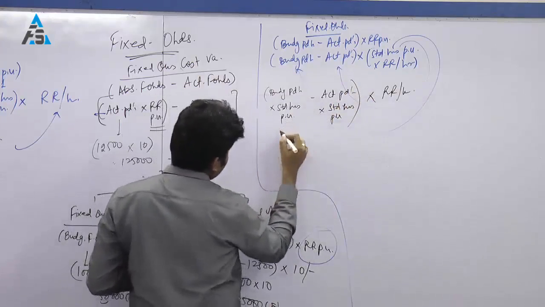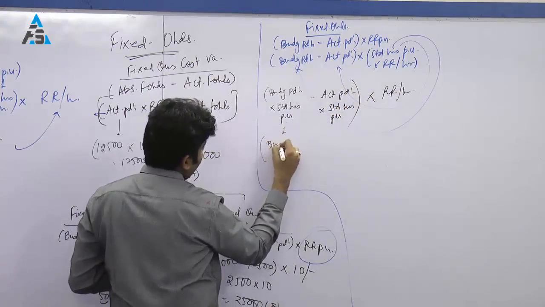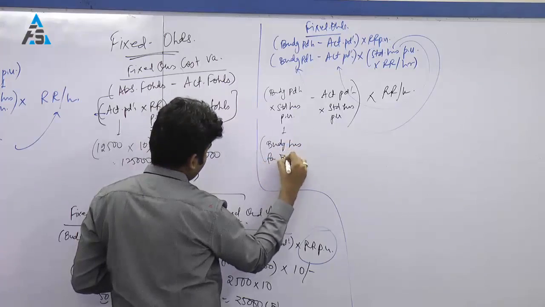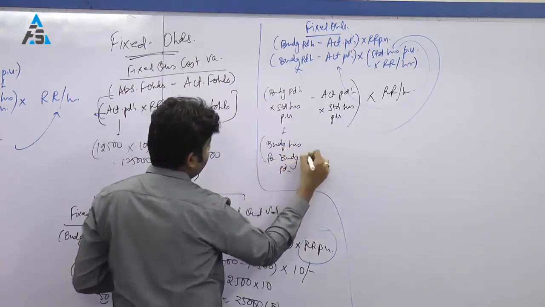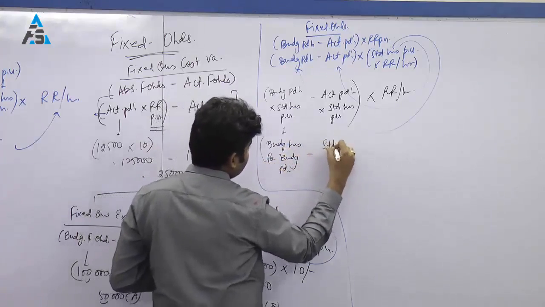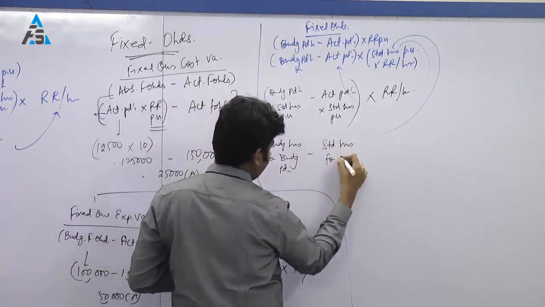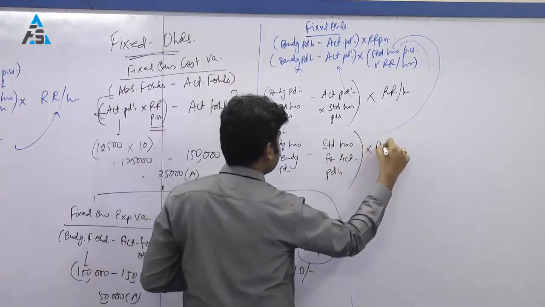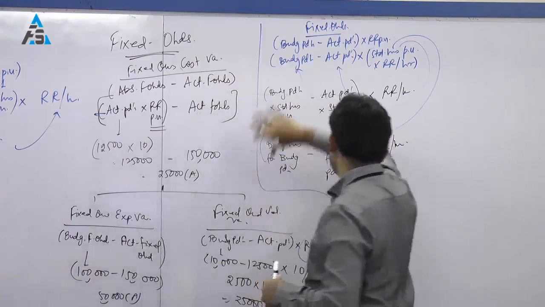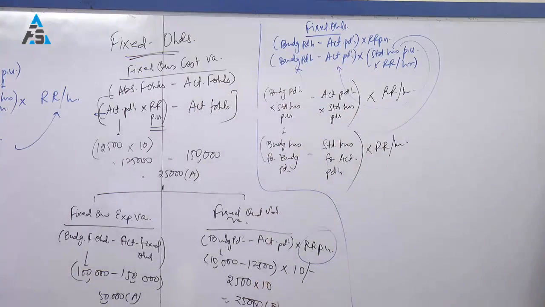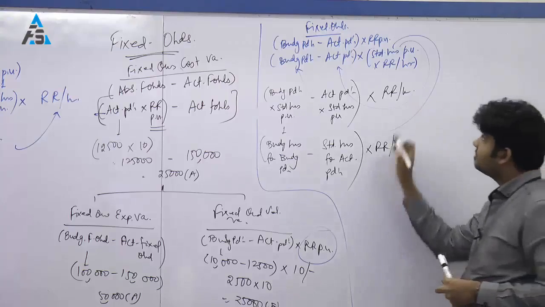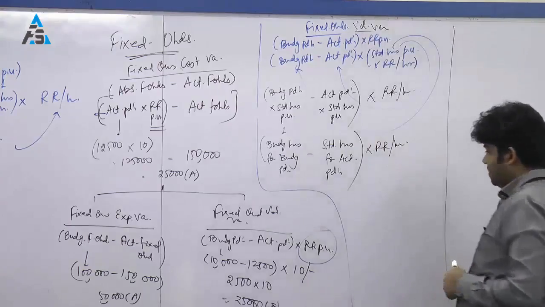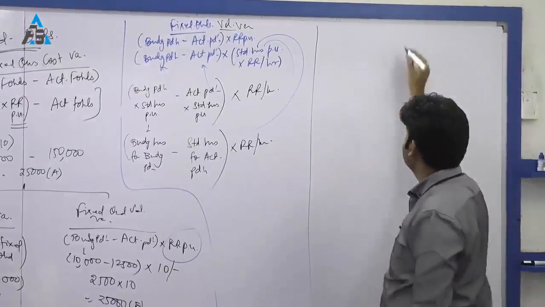Now in terms of hours, this can be written as budgeted hours for budgeted production minus standard hours for actual production into recovery rate per hour. So in terms of hours, this is how your fixed overhead volume variance can be presented. Correct?